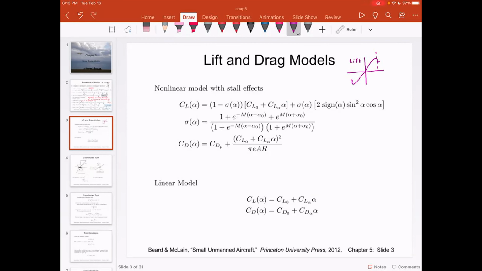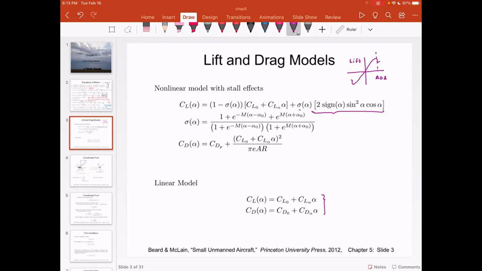So this is lift, and this is angle of attack. You can implement a nonlinear model with blending. This is the blending factor, and we talked about it. Or you can use a very simple linear model. If your angle of attack is not changing much, then a linear model will be sufficient to give you accurate simulation results.